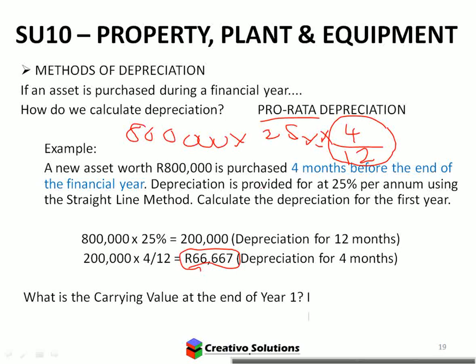Okay, let me ask you this. How do I calculate carrying value? So what's the cost? What's the accumulated depreciation after 1 year? Well, at the end of year 1, how much depreciation does the asset have?